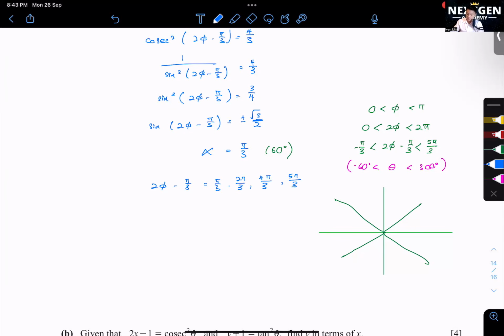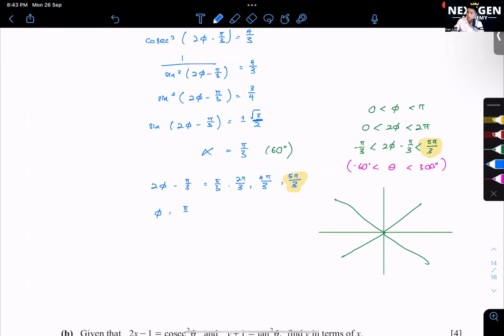You go and plus pi over 3, then divide by 2. If you are not sure, just calculate all the values first. You see in your domain, 5 pi over 3 is actually not included in the domain of angle. So actually we need to reject. But if you're not sure on this one, just calculate all of it first, then later you reject it.